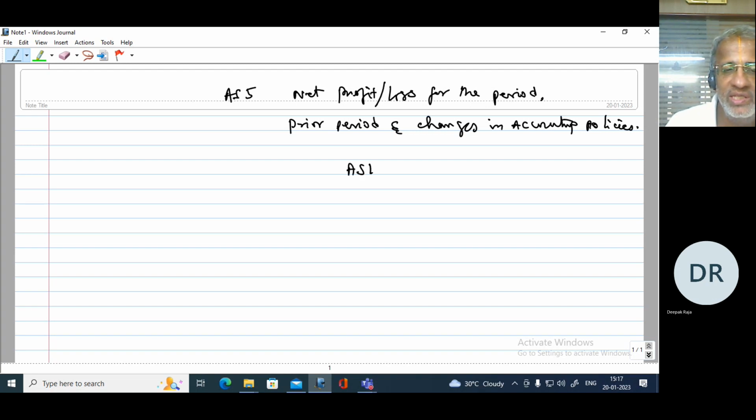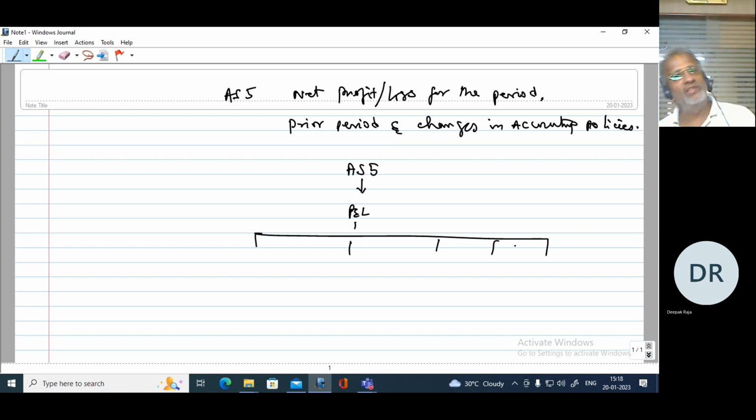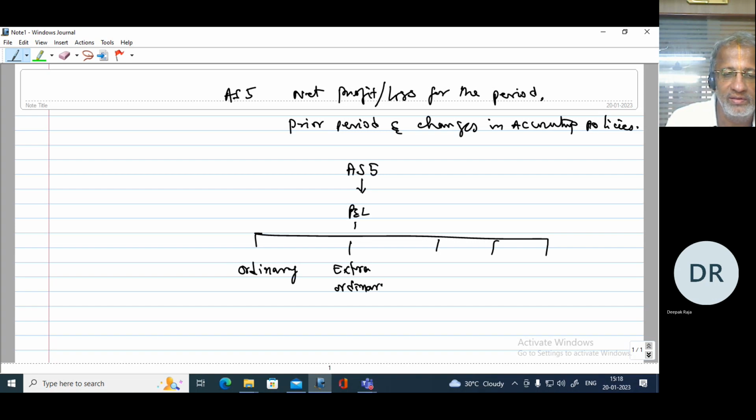Let me tell you that AS5 focuses on profit and loss account. And it focuses on 5 items. You can easily remember, 5 focuses on 5 items. First one is ordinary item. The other one is extraordinary. Next one is prior period item.